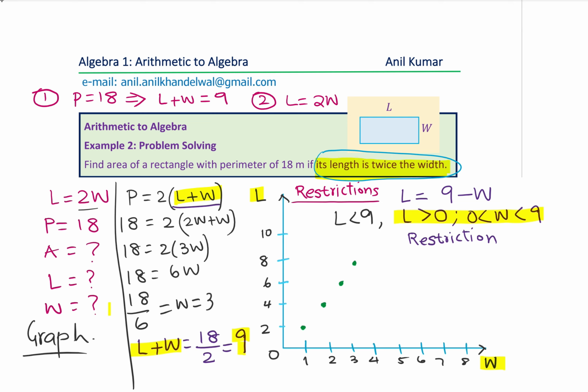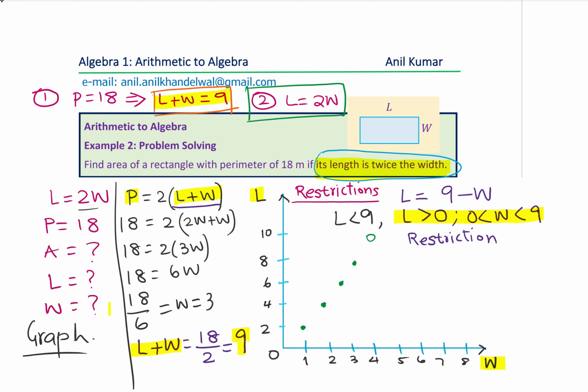Now let's get back to the first relation, which is length plus width is 9. We got from here: twice length plus width is perimeter. So length plus width is half of perimeter, correct, which is written here.